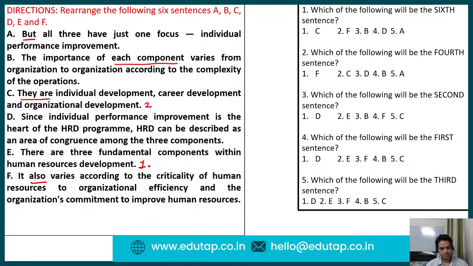Now, very good. Now, guys, try to solve the whole rearrangement and give me the complete sequence.